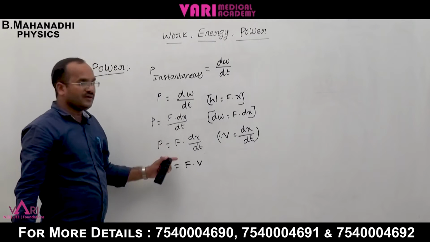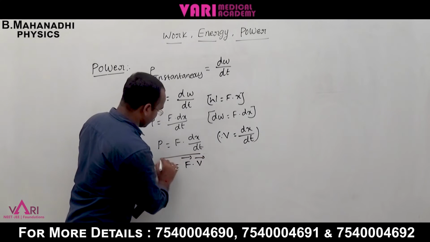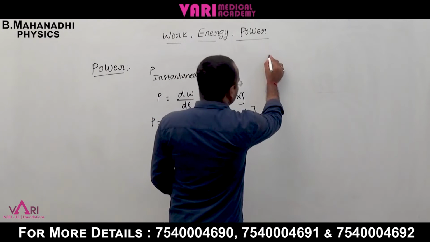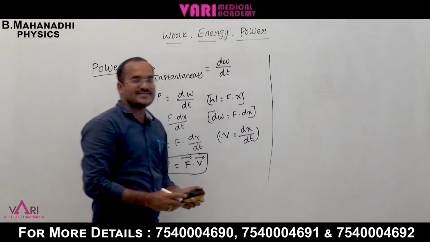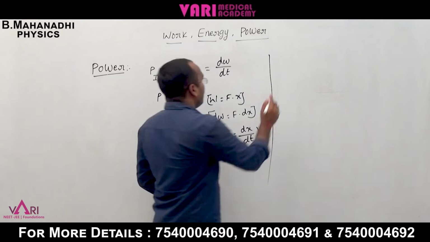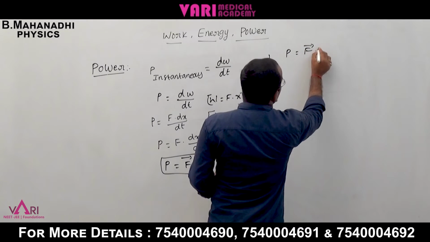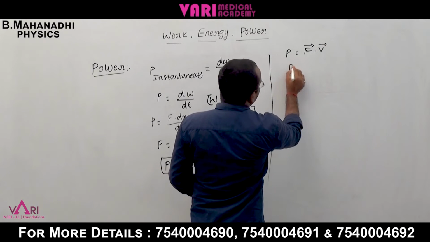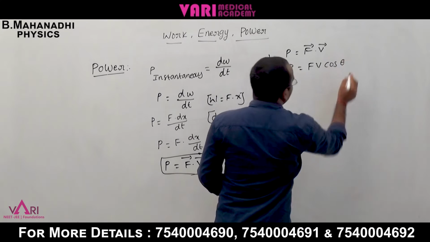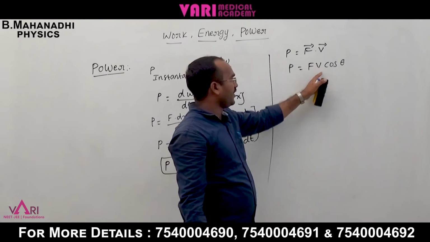But here force is a vector quantity and velocity is also a vector quantity. The dot product of any two vectors is called a scalar, so power is also a scalar. P is equal to F vector dot V vector, which means P is equal to Fv cos theta, where theta is the angle between the force and velocity.